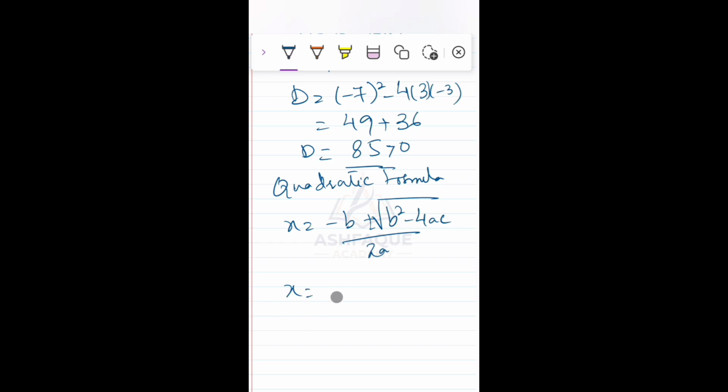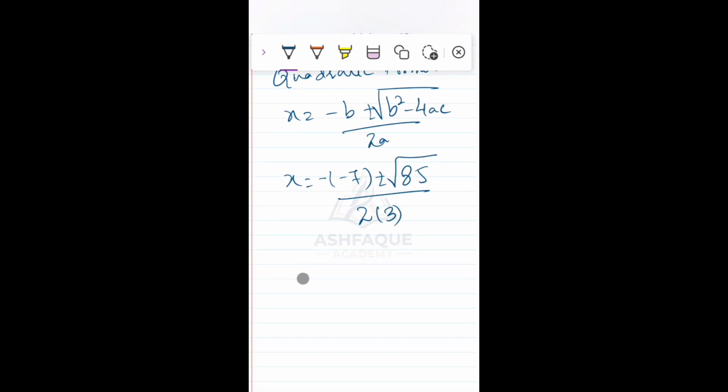So x will be equals to minus minus 7 plus minus under root b square minus 4ac, which is equals to 85, upon 2 into 3. So the final answer will be x is equals to 7 plus minus under root 85 upon 6.